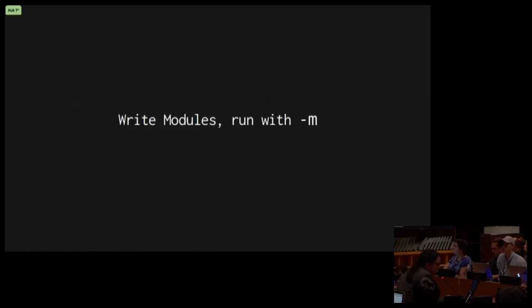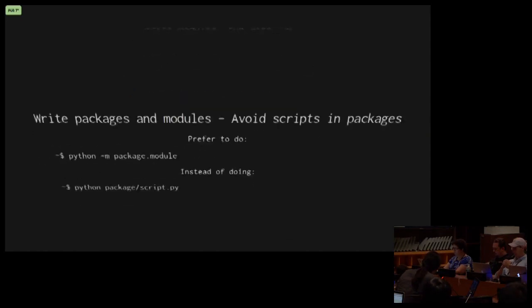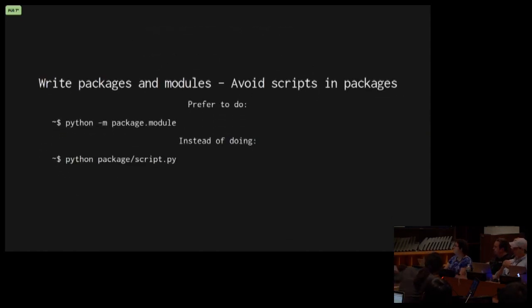All right, so when we're writing our modules, I want you to run your code with the -m flag. Don't run script.py, run package.module. If we collect some Python code because we're trying to reuse it, we might put some modules into a package.